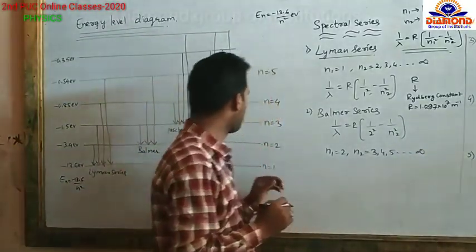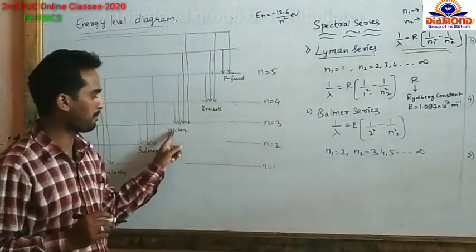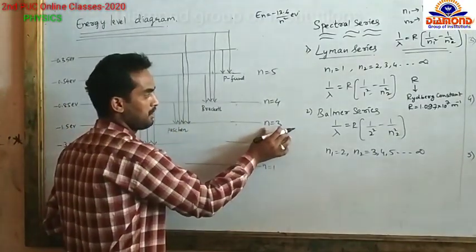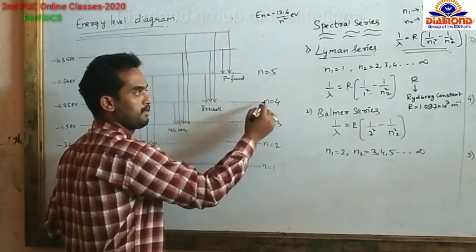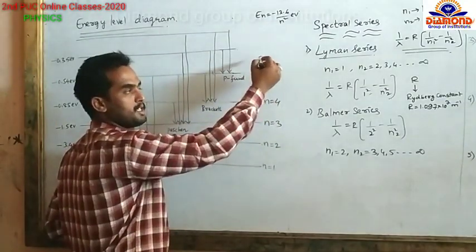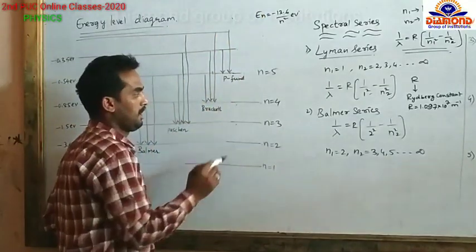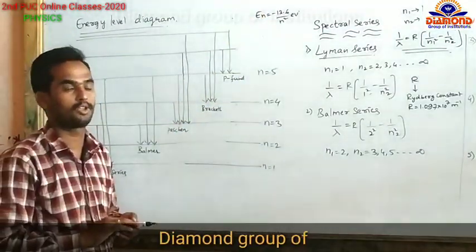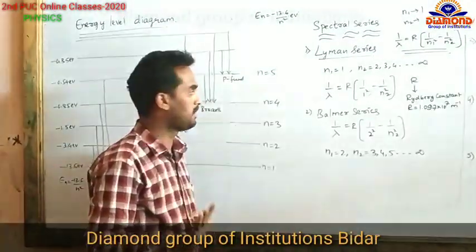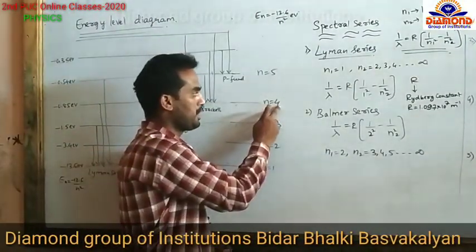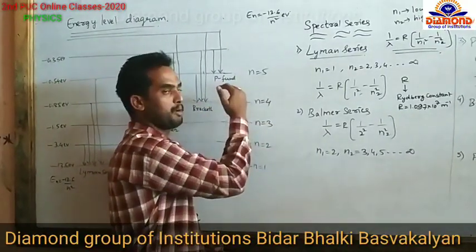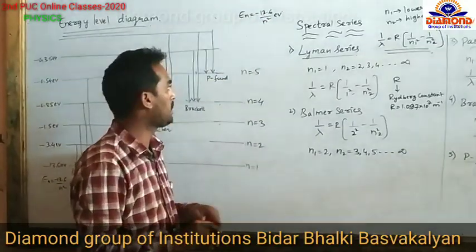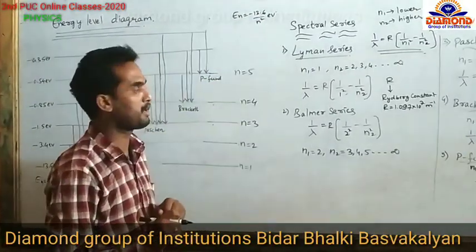Then comes the third one, called Paschen series. In Paschen series, the lower orbit itself is 3, that means higher orbits start from 4, 5, 6, up to infinity. And next Brackett series, that is the fourth one. In Brackett series, the minimum orbit number is 4 and the higher orbit numbers are 5, 6, 7, up to infinity. And now you see the last series, called Pfund series.